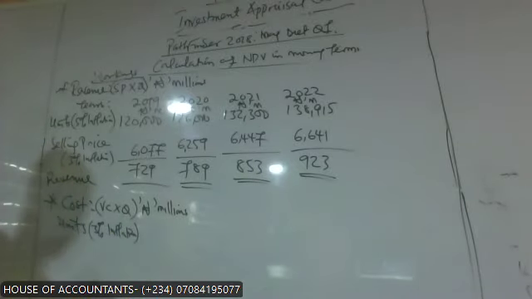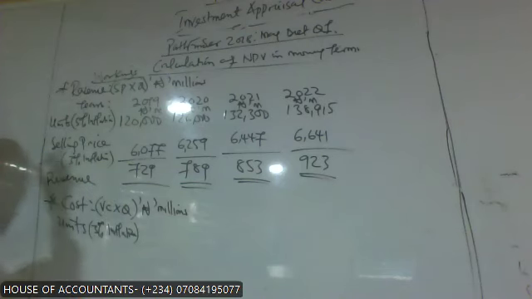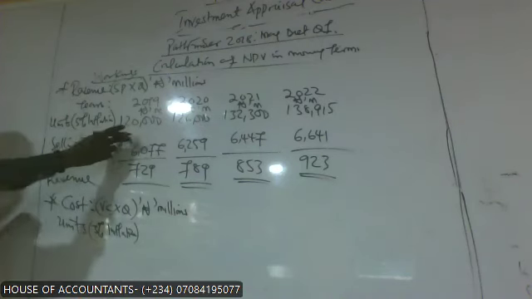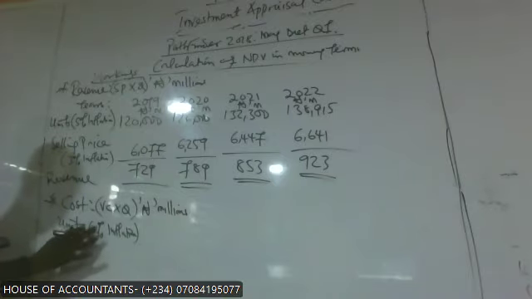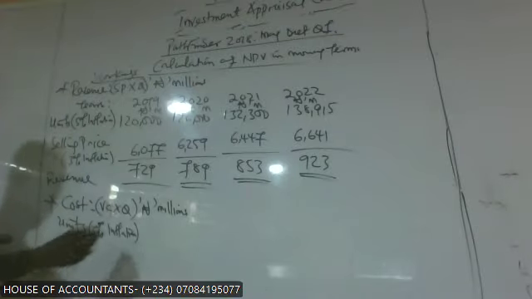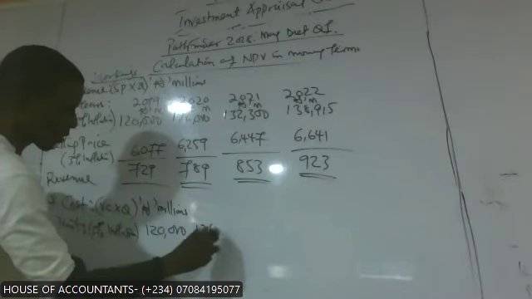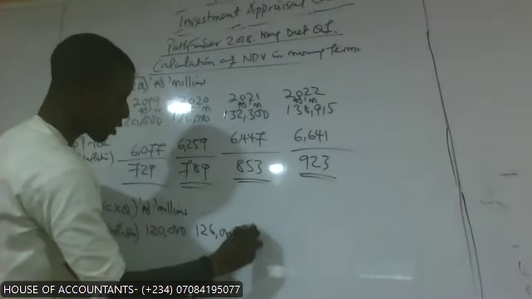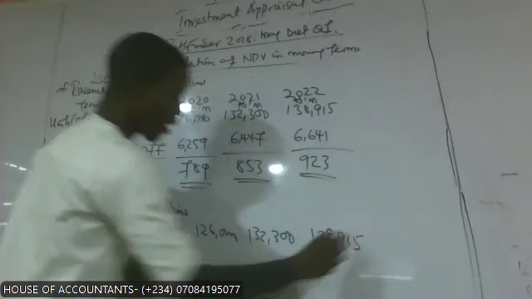The 3% inflation is on cost price, not the units. So the unit inflation rate is still the same 5%. So let's just replicate this: 132,300 and 138,915.